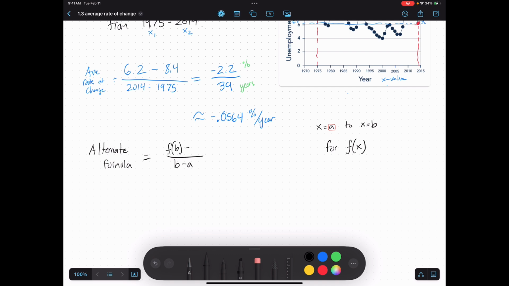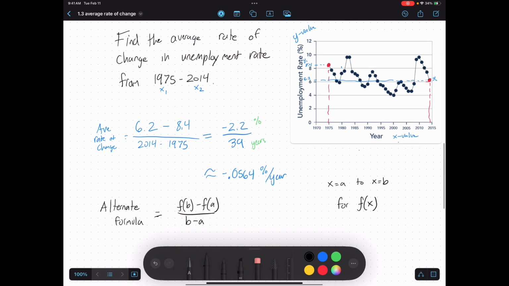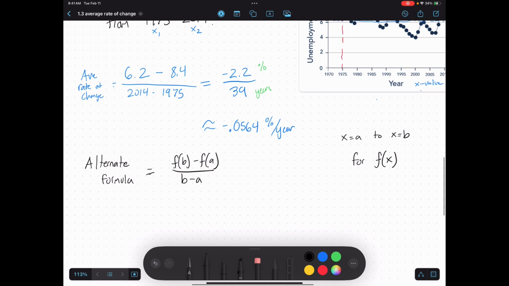So you get f of b minus f of a. And that'll give you your corresponding y values for your x values. So this is another way that you can calculate average rate of change. You'll notice it's very similar to what we had before, but in order to get those y values, you can use a function. You can plug your values into your function to get your y values.